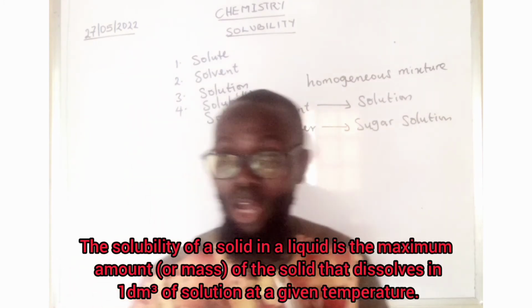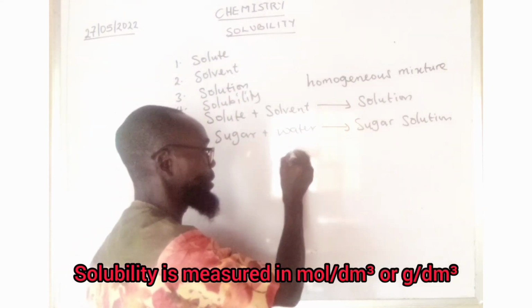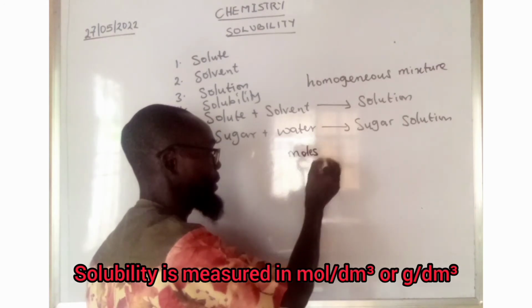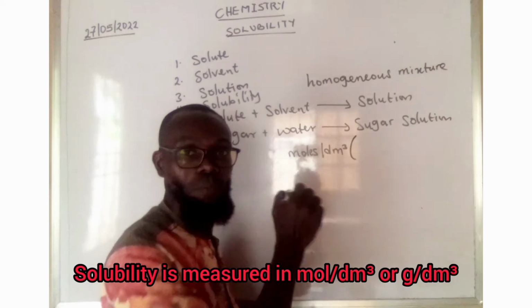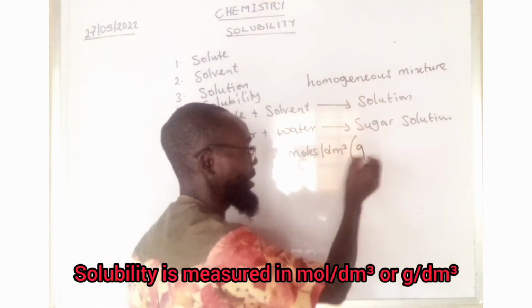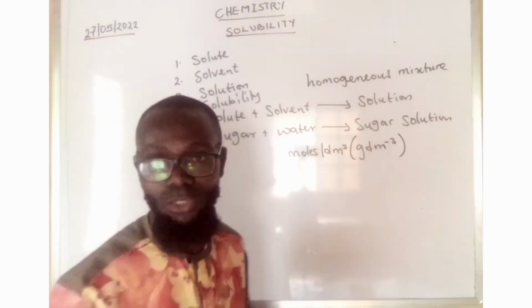The unit of measurement of solubility is moles per dm cube, or it can also be calculated in grams per dm cube. That is the first definition.